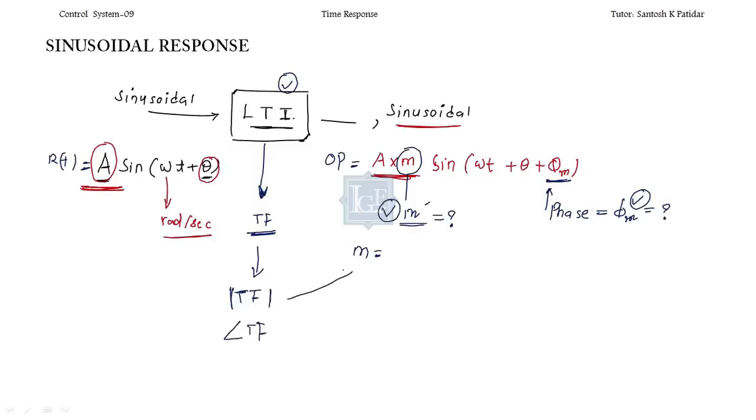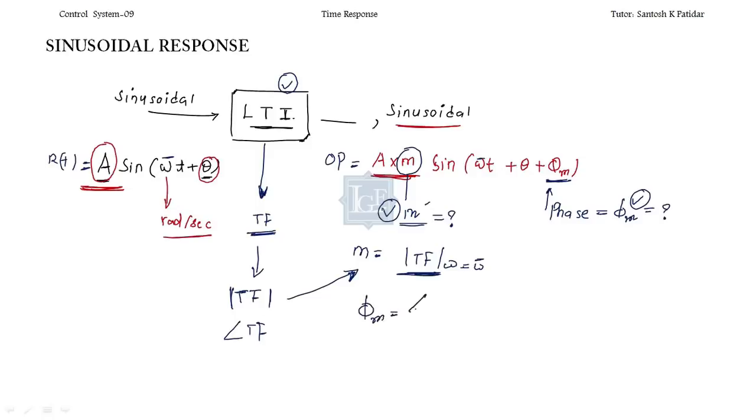Now if you want to calculate M, this M is the magnitude of the transfer function at omega equal to the given frequency. Let's take this as omega bar. At omega bar you have to calculate the magnitude of the transfer function, or I can say the magnitude of the LTI system. This is M. What about phi m?